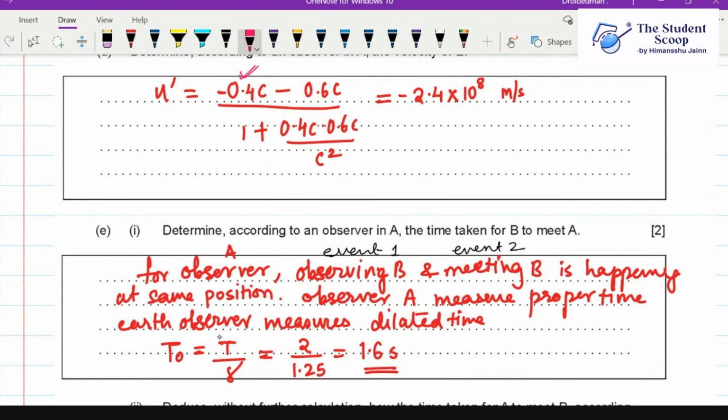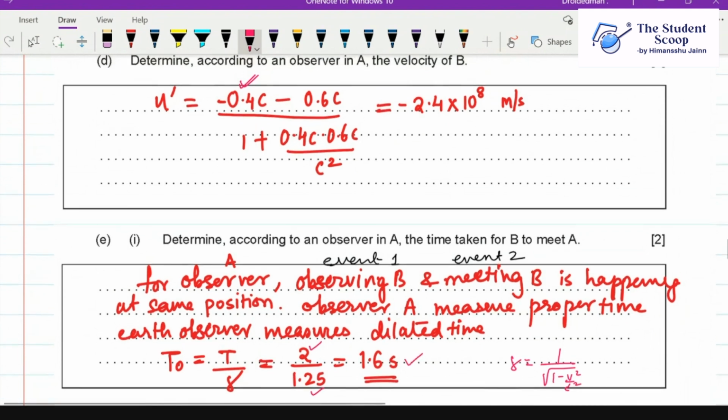Proper time is equal to dilated time over the gamma factor, and 2 seconds is the dilated time according to the Earth. The gamma factor is 1.25, calculated using the velocity of A, and we get 1.6 seconds. So this is how we can do relativity problems. Thank you so much.